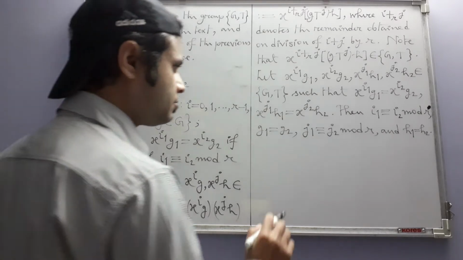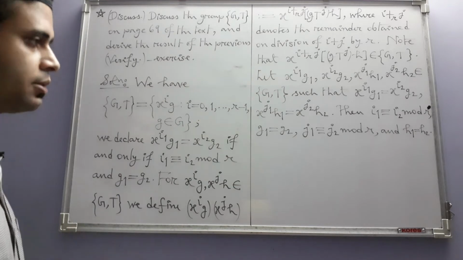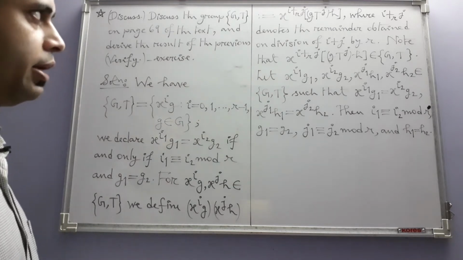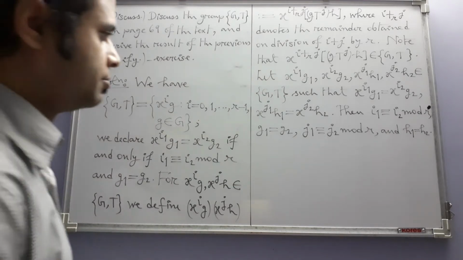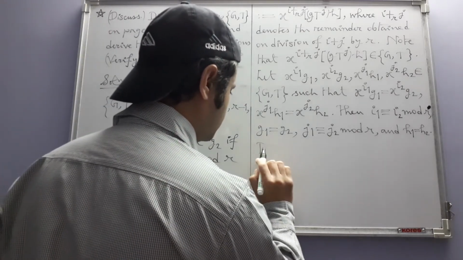Okay, so that means g1 is equal to g2 and h1 is equal to h2.